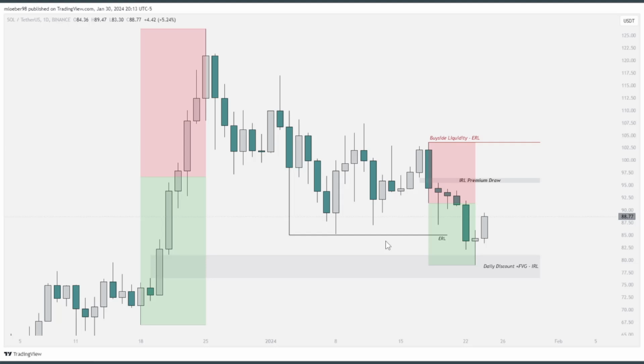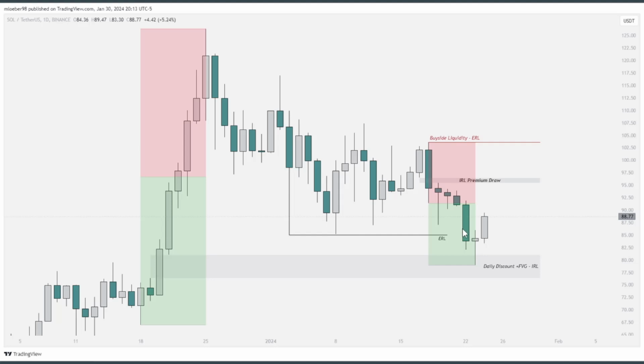And what did I say in my previous videos in regards to external and internal range liquidity? When price takes out external range, the first thing that it's going to do is react and retrace and reach into internal range liquidity pool. But in this case, we had more of a double takeout, tagging internal range and taking out external range liquidity.